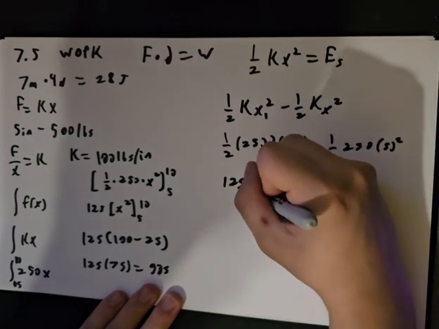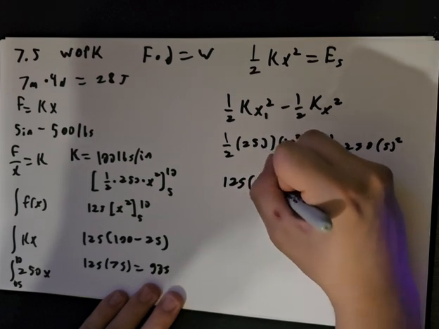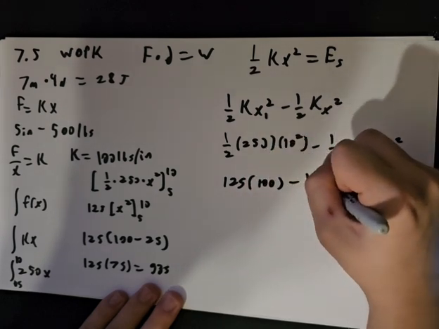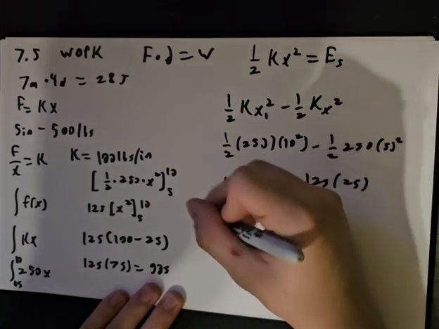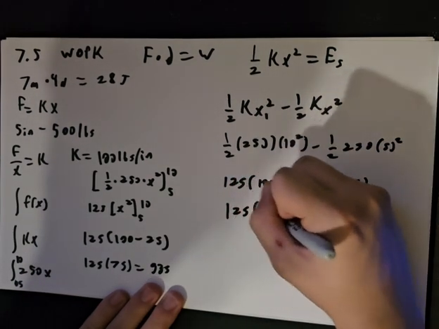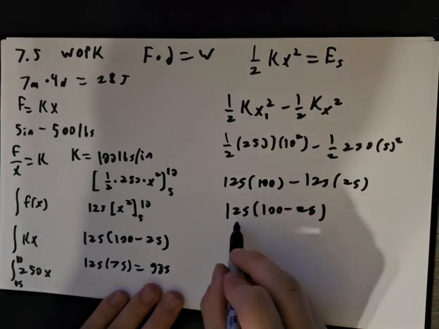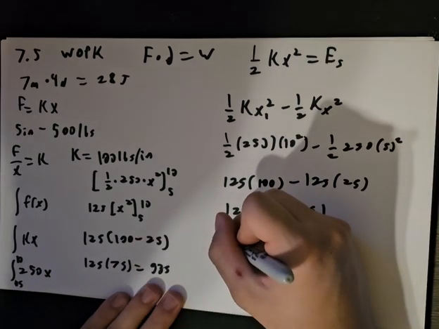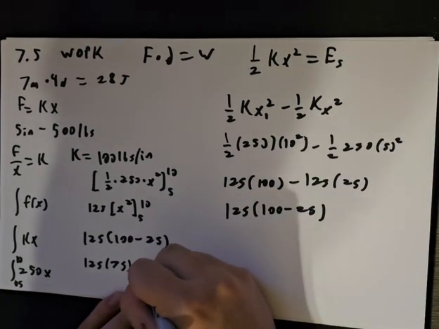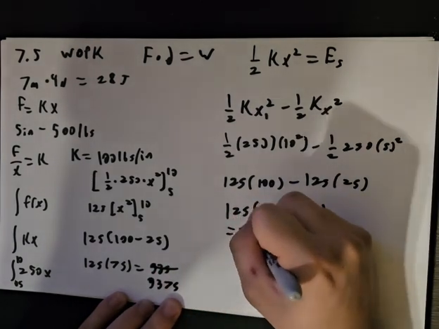That's 125 times 100 minus 125 times 25. Now, if we notice, we can factor out this 125 and get 100 minus 25, which is the same thing we had before. These two are the same, so this will also equal 9375.